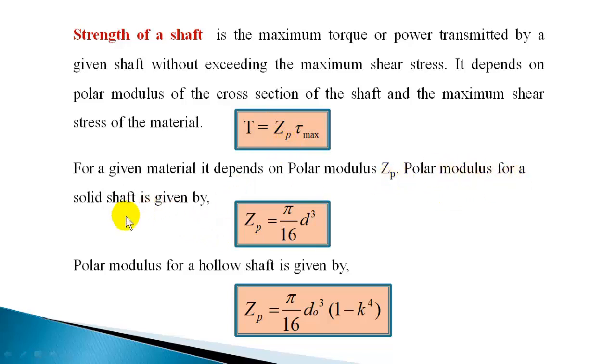Polar modulus of a solid shaft is given by π/16 d cube, and polar modulus of a hollow shaft is given by π/16 d naught cube into (1 minus k to the power of 4), where k is the diameter ratio di by d naught.